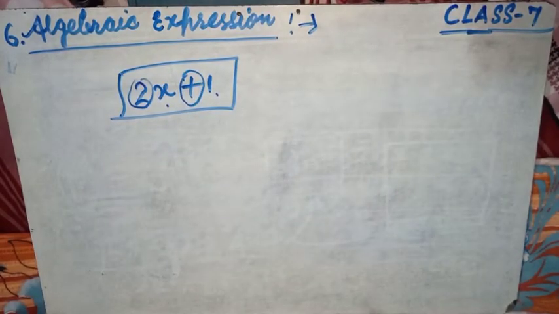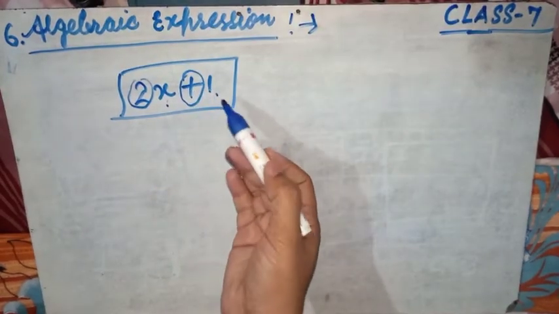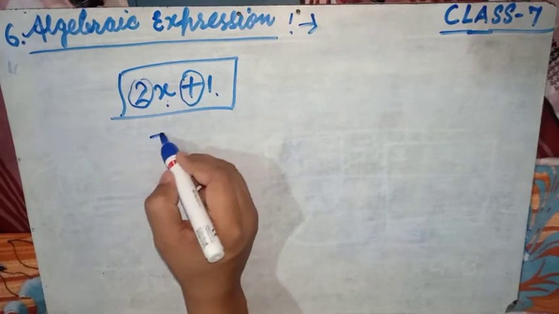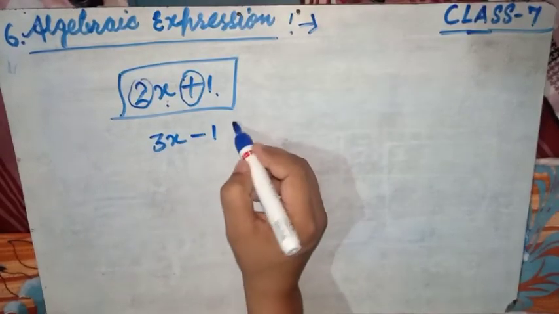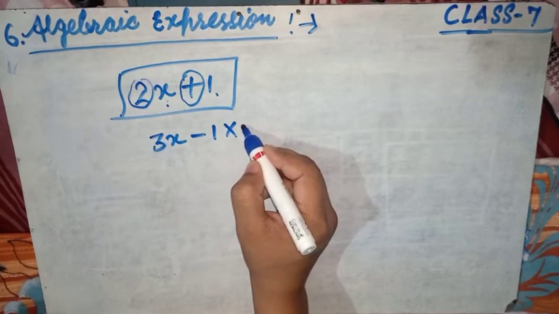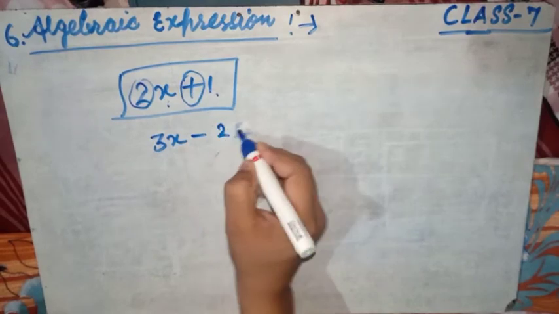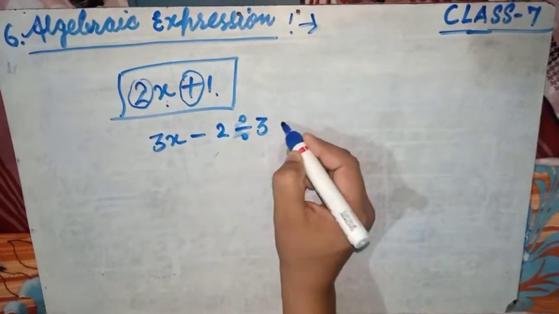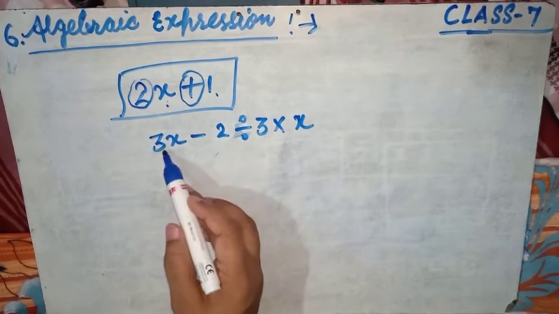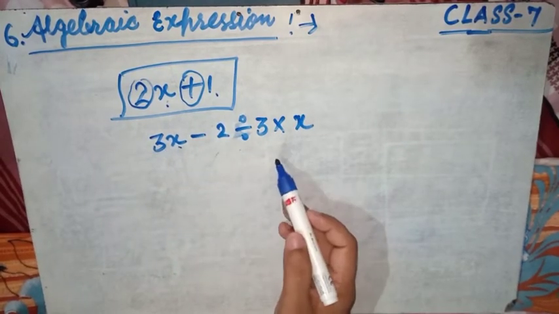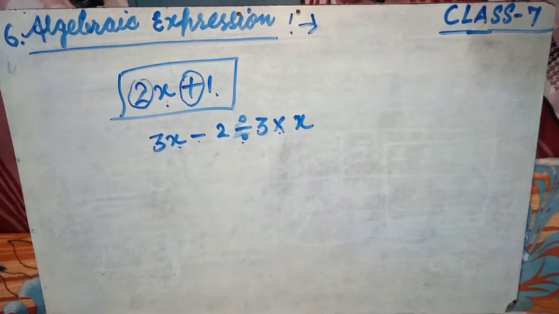So there are 3 things: the constant, the variable, and one operation or more operations, maybe like, suppose, 3xy − 1 multiplied by 2, divided by 3, multiplied by x once again. So in this case x is the variable, and minus, divide and multiplication, these are all the three operations.